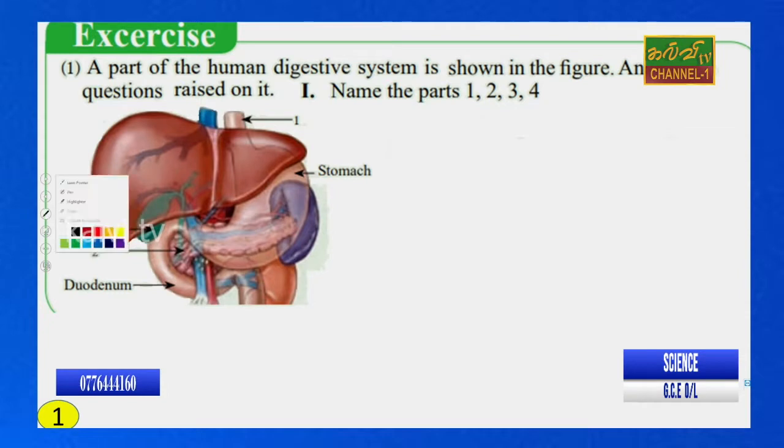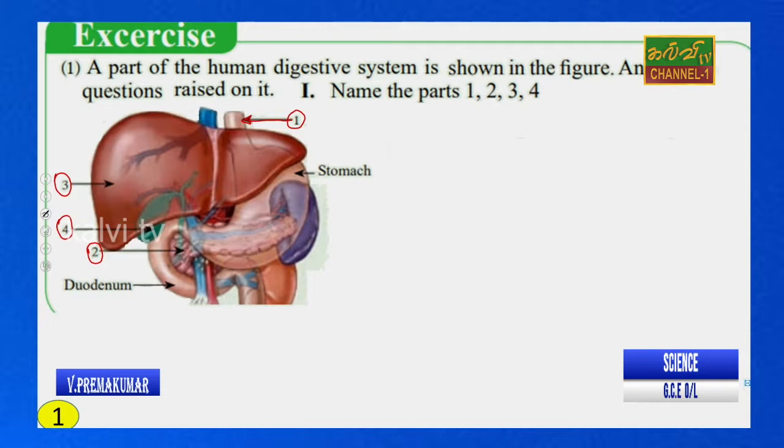According to that, we have to find out the organs. Here that is 1. This indicates 1. And the second is here. Number two is here. Third and fourth.